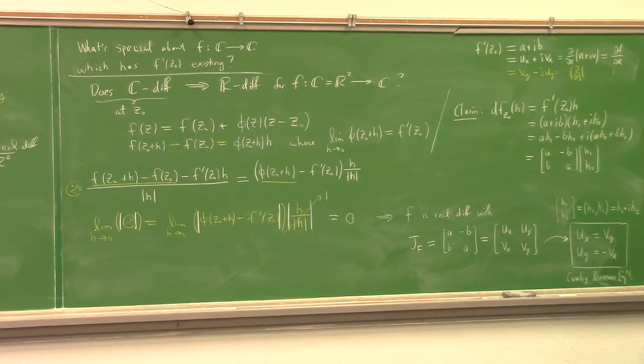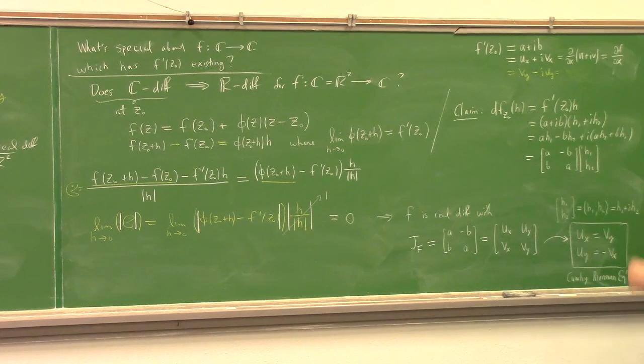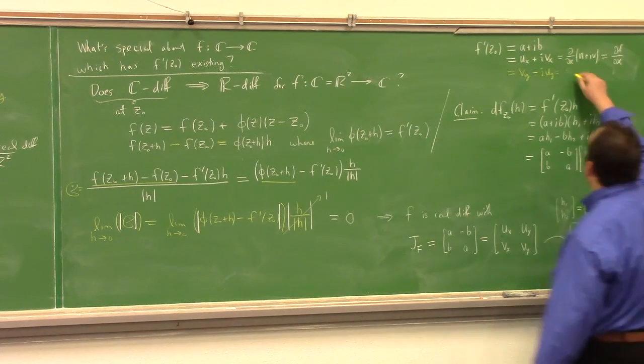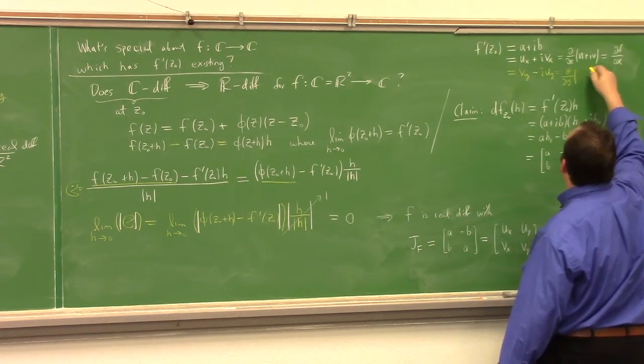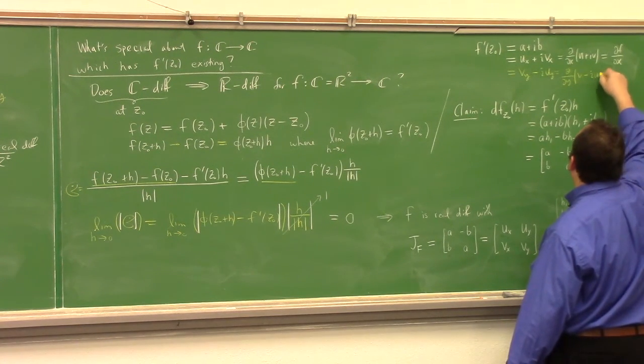It's minus vx is equal to uy. Something feels wrong here. You should get partial f over partial y, v minus i u.